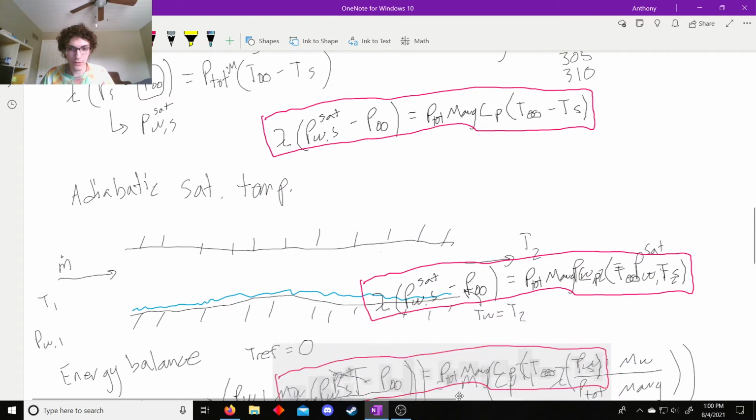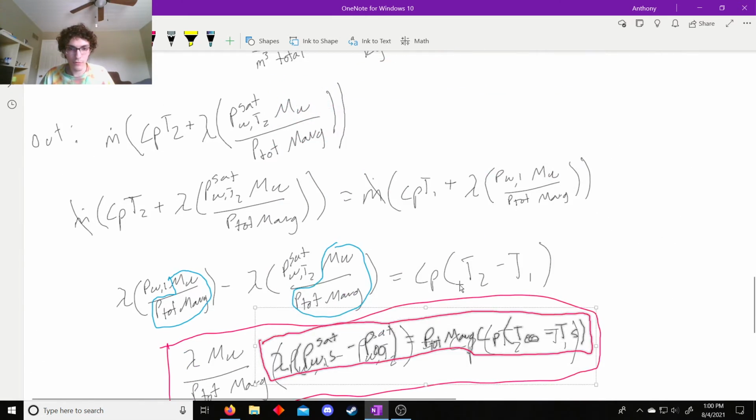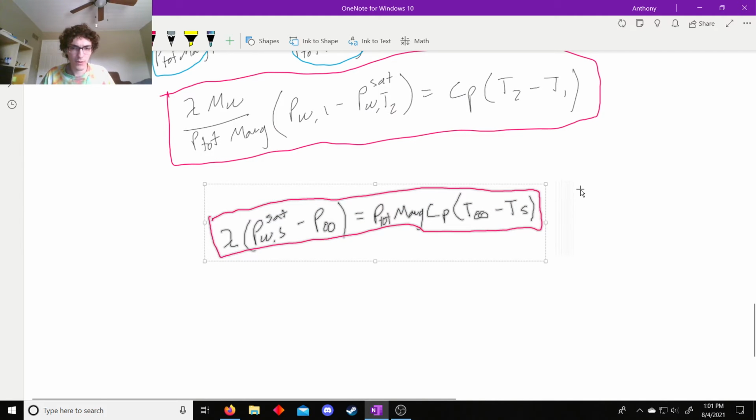Here we go. Move that down. Okay. Perfect. Okay, so this is from the adiabatic saturation temperature, and this is from our energy balance.